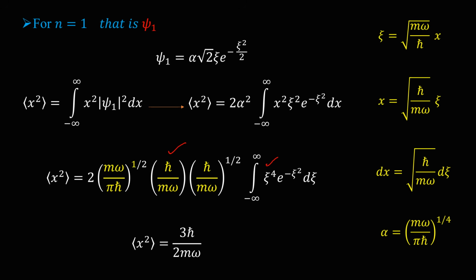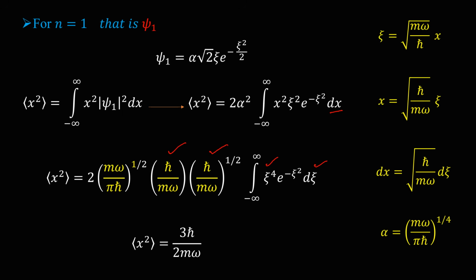Then you have to replace this dx. If you replace it, dx, you know, is equal to square root of h cross over m omega dz. So I have replaced dz, and h cross m omega square root I am writing as power of. Then you know this alpha squared is equal to, if you square this, m omega over pi h cross power of. Already there is 2 here.